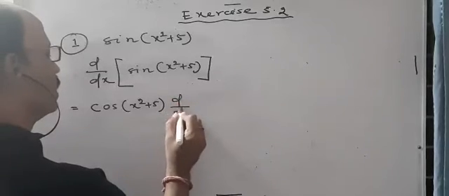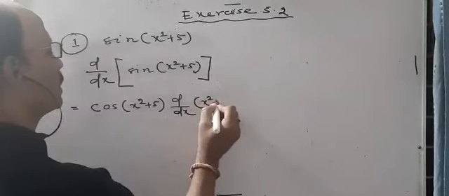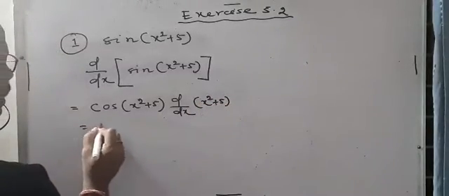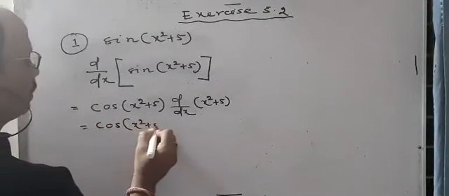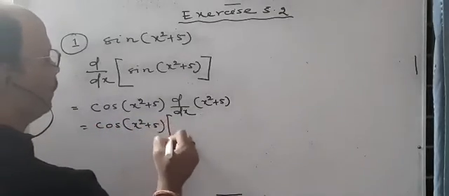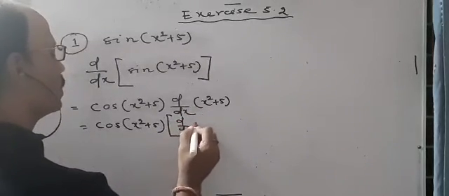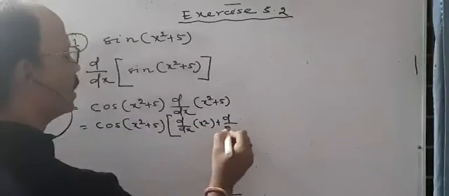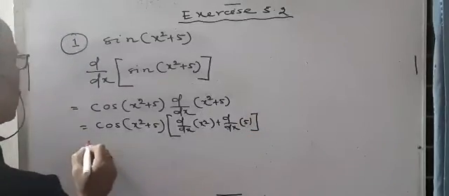So it is d/dx of x² plus d/dx of 5. Clear?